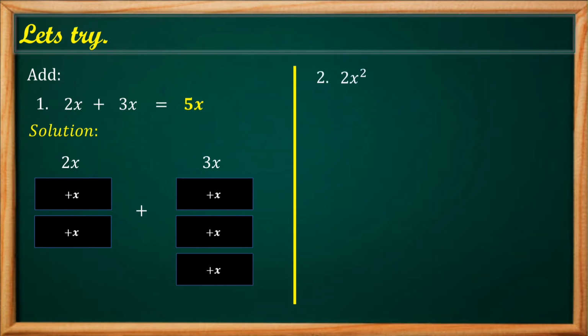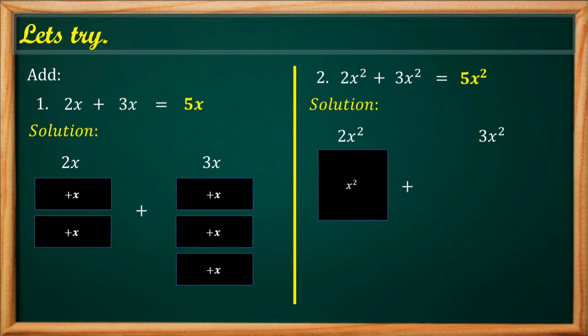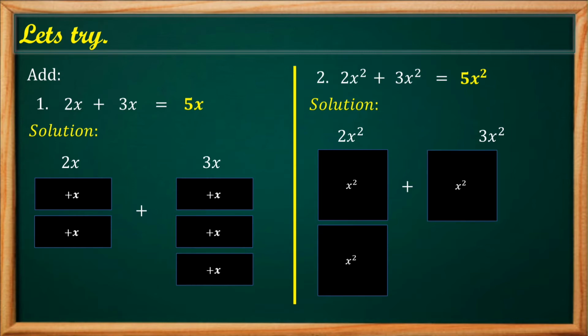How about for number 2? We have 2x squared plus 3x squared. Now, x squared, it means we are using the big squares. 2x squared. Ilang x squared? Meron tayong dalawang malalaking x squared.